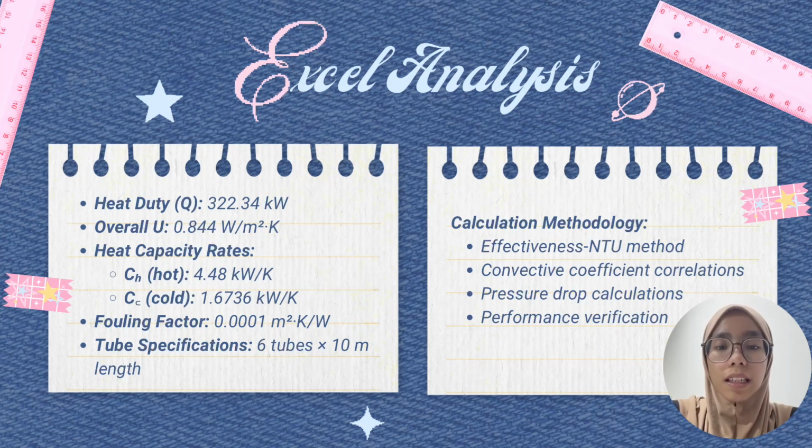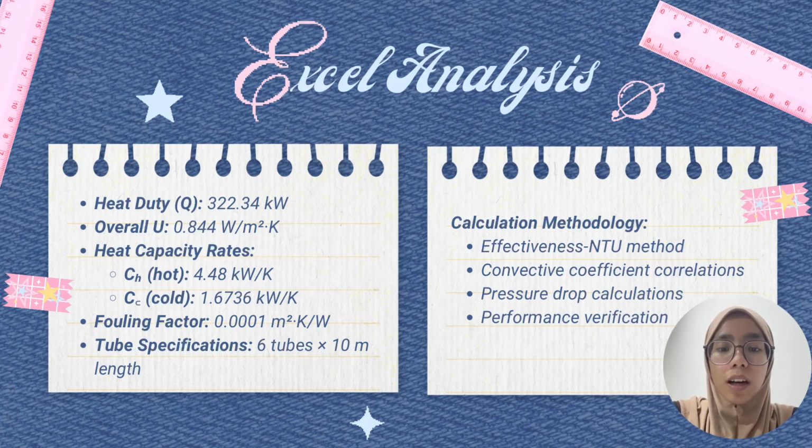I will present the Excel analysis result for the heat exchanger design. The calculated heat duty is 322.34 kilowatts with an overall heat transfer coefficient of 0.844 watt per square meter Kelvin. The heat capacity rate of the hot stream is 4.48 kilowatt per Kelvin, while the cold stream has a lower value of 1.67 kilowatt per Kelvin, indicating that the cold stream is the limiting side.